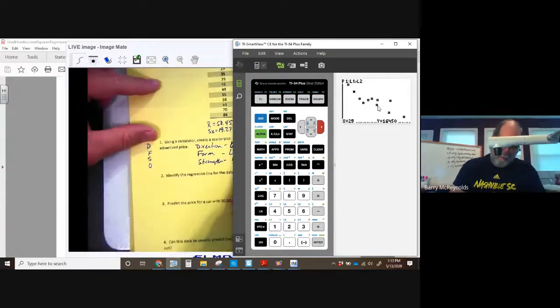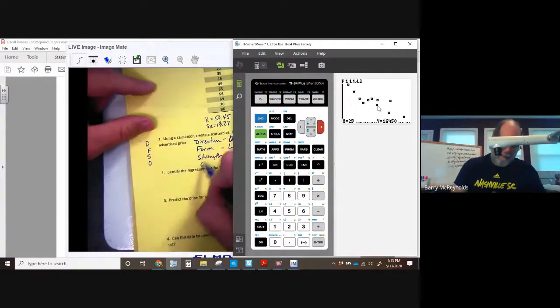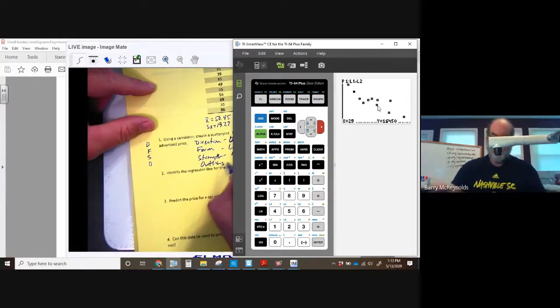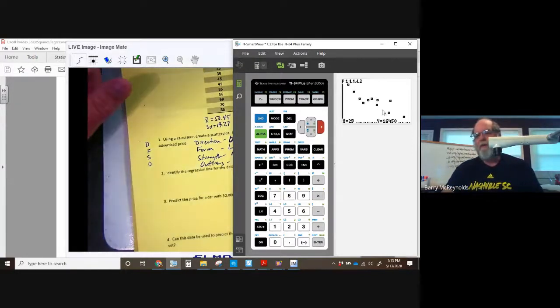So we're going to say it's moderately strong. I think you could even say it's strong. And then outliers, we would say there are no apparent outliers. There are no dots that are way over to the left or to the right, no dots that are way to the top or to the bottom.